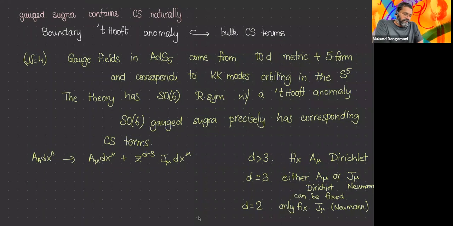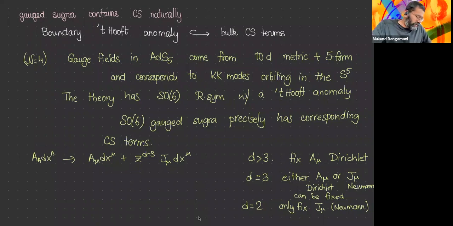No. So this current is on top of the BTZ construction. The BTZ solution, which I'll discuss tomorrow, is a solution where you only have the metric, non-trivial metric, no gauge fields.